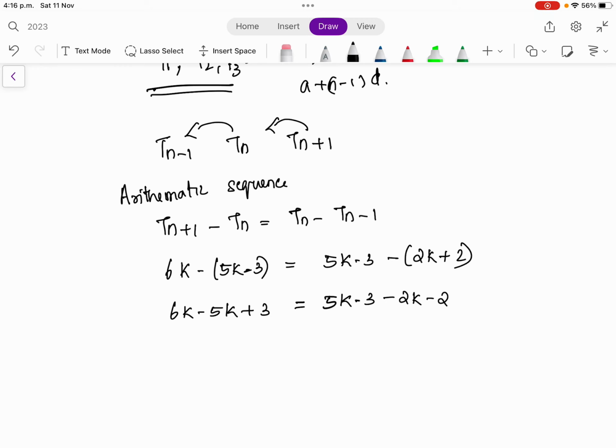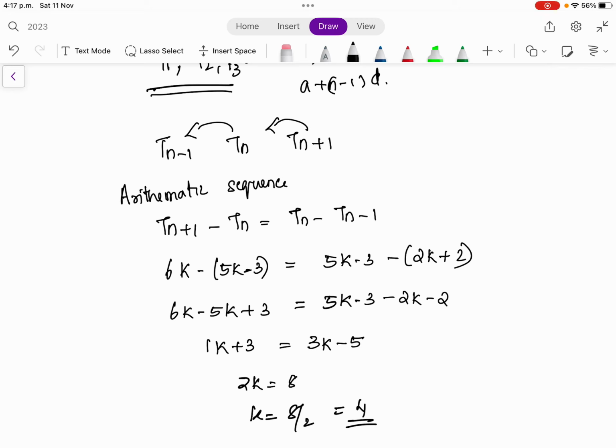So 6k minus 5k is k, plus 3 is equal to 5k minus 2k is 3k, minus 5. Now I can simplify it further: 2k is equal to 8, so k is equal to 8 by 2, which is equal to 4.